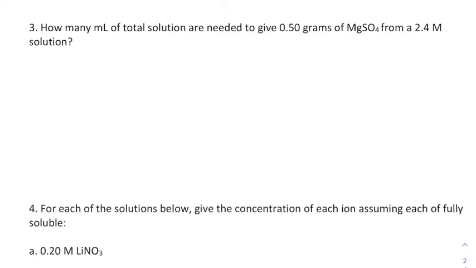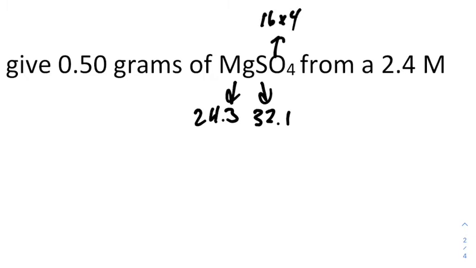So this is the same thing except backwards. They have given you grams and they want to know a number of milliliters. Remember, if they have given you grams, they have also given you moles. So magnesium is 24.3, sulfur is 32.1, and oxygen is 16, 4 times.